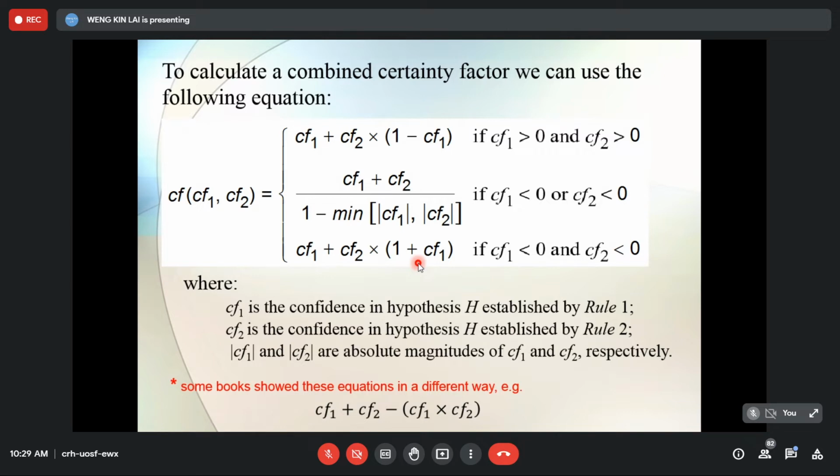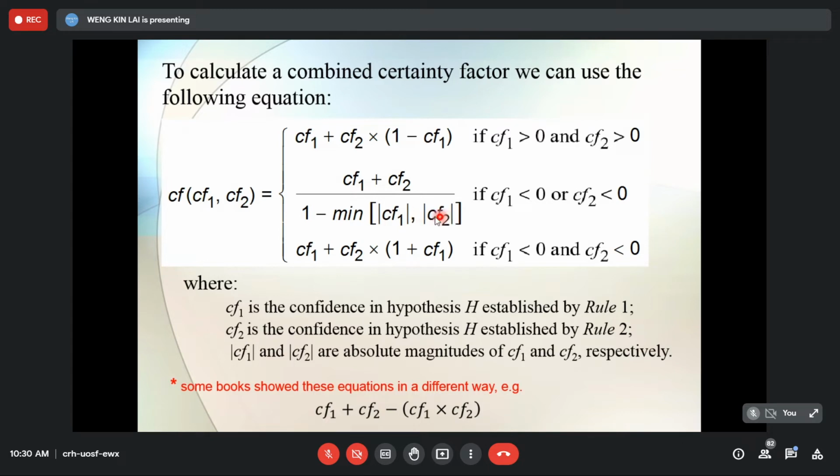that means the value, ignore the sign. So it's minus 0.3 compared to positive 0.2, right? So you should take minus 0.3 as the actual value because it is smaller than. So you take only the magnitude here.